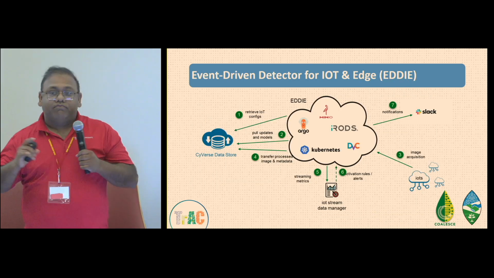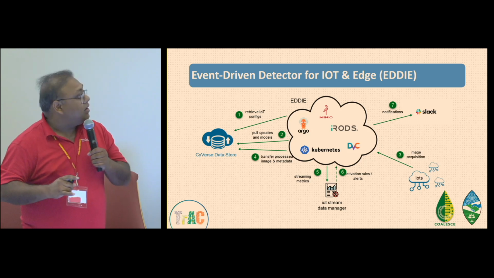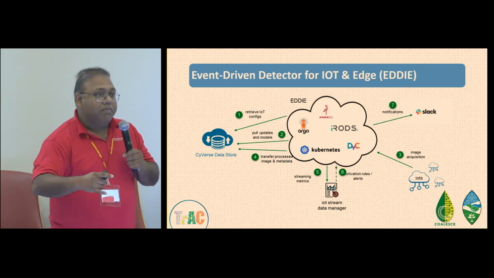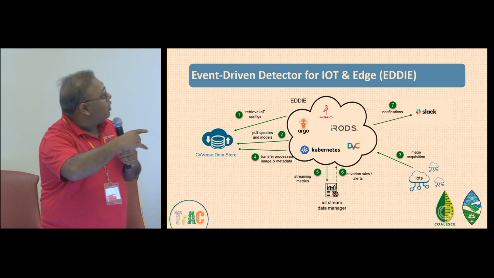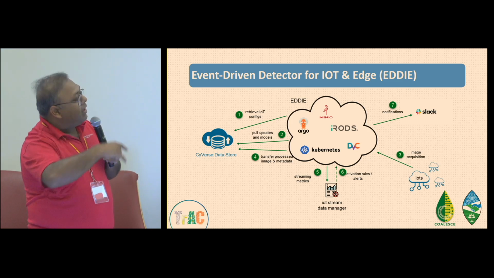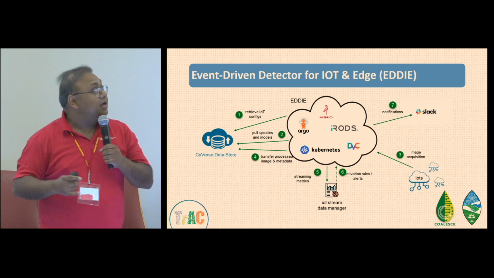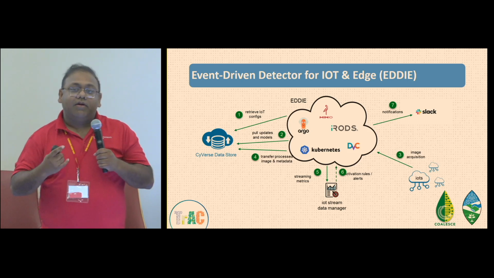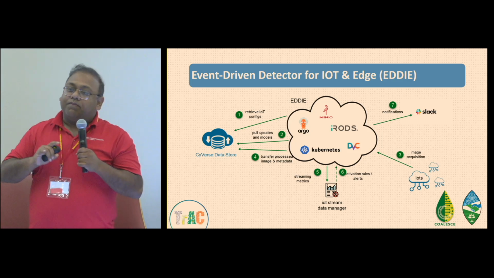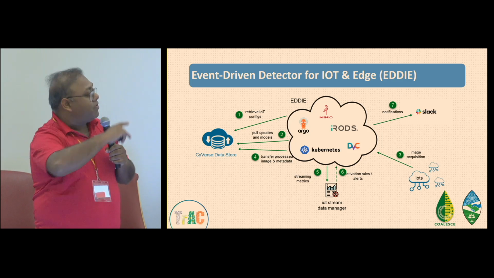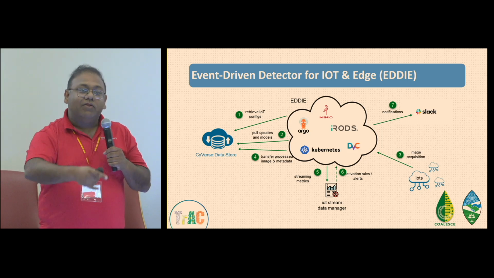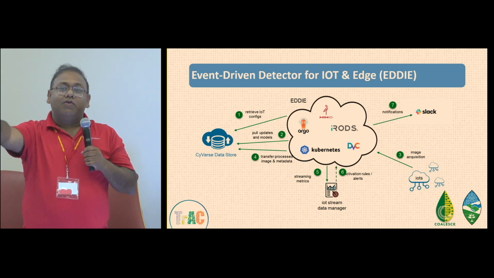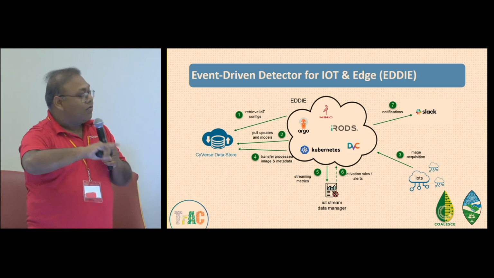This is kind of our cyber infrastructure, where the data that is coming in is going through what we call the EDI platform. Essentially, it's an event-driven detector. So the idea is that on the MLOps side we have models, and our machine learning people are updating those models, and those models need to get updated on the IoT side, so on the robots.